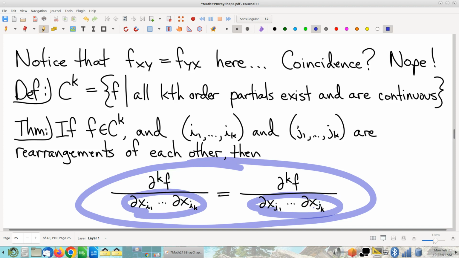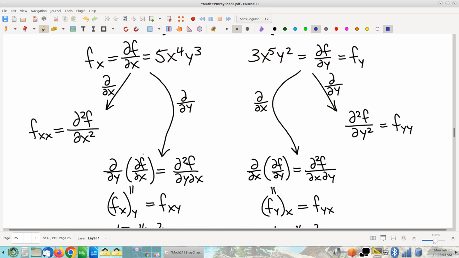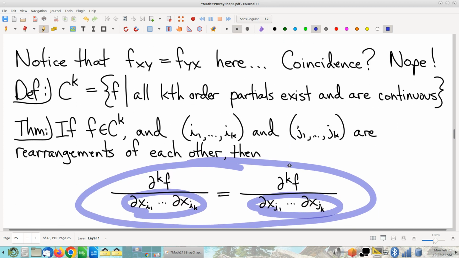The act of taking an x partial and subsequently taking a y partial is a different act than the act of taking the y partial first and taking an x partial after that. So I'm not saying flip them around and it's meaningless, right? It still means something, but you will get the same answers either way if certain conditions are met.